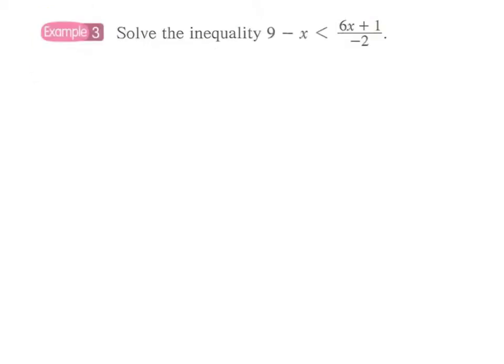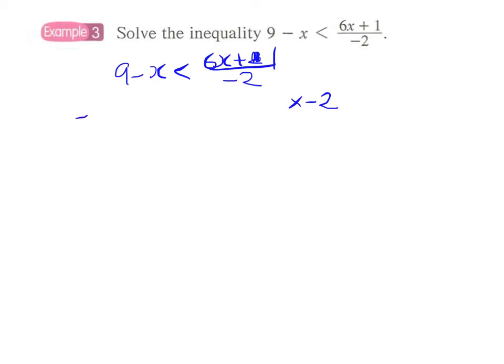And for example 3, again we have a fraction on the right hand side, and the denominator is a negative number. It seems that we have to multiply both sides by minus 2, or negative 2.